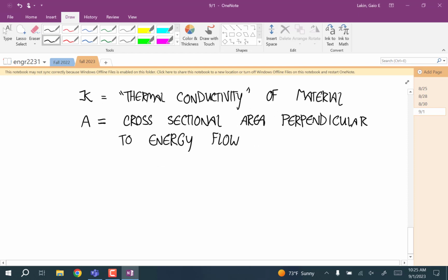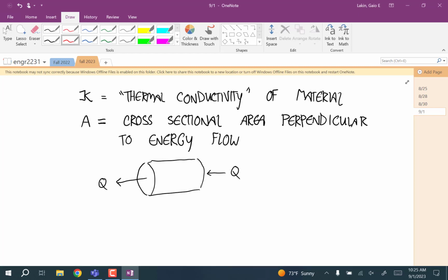So if conduction is happening this way, the cross-sectional area A that we want is this.